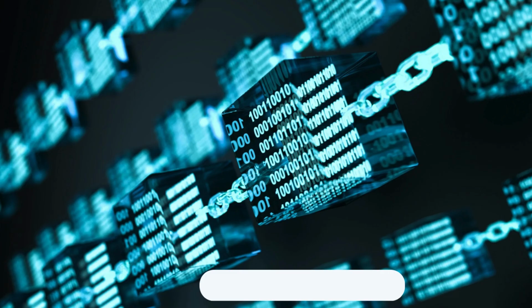Okay, so now it is time to discuss the fundamentals of blockchain technology. Blockchain technology was initially designed to support Bitcoin. It is a decentralized digital ledger that records transactions across multiple computers in a way that ensures the security, transparency, and immutability of the data.